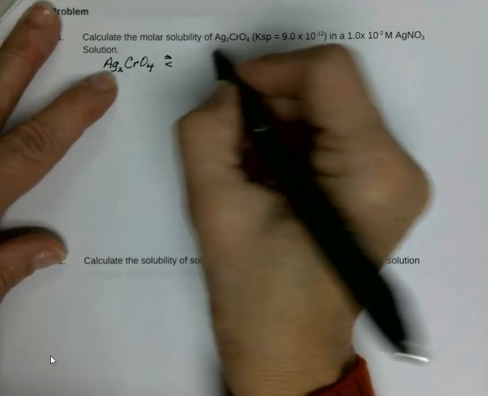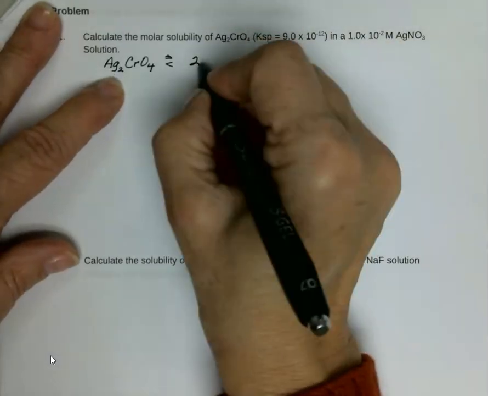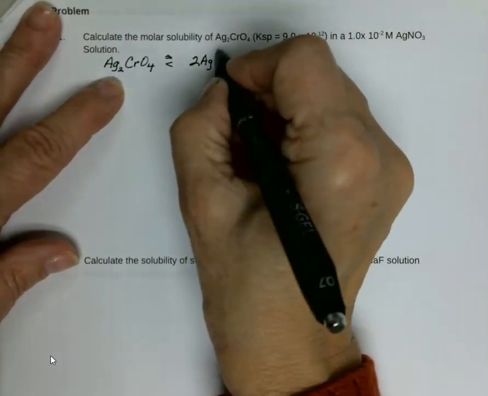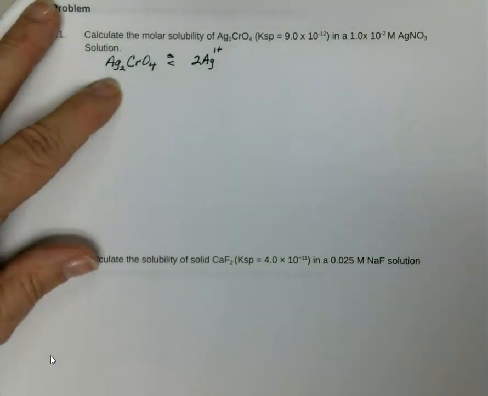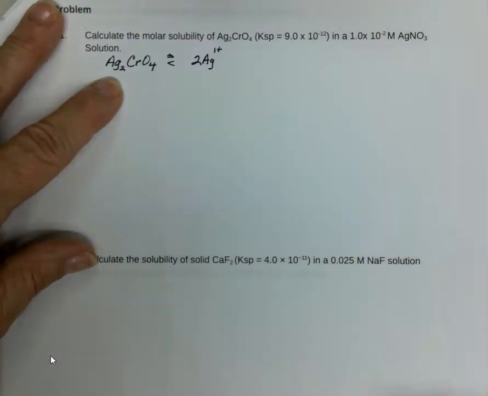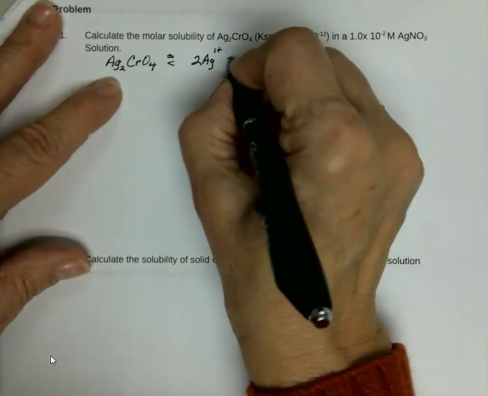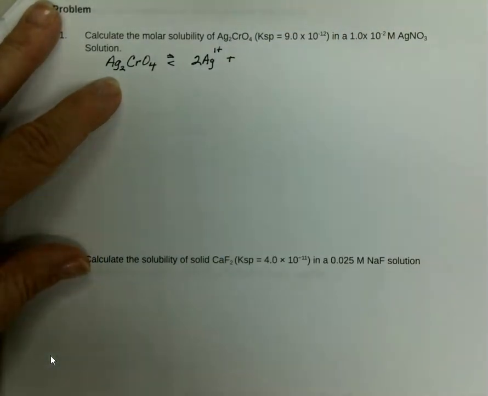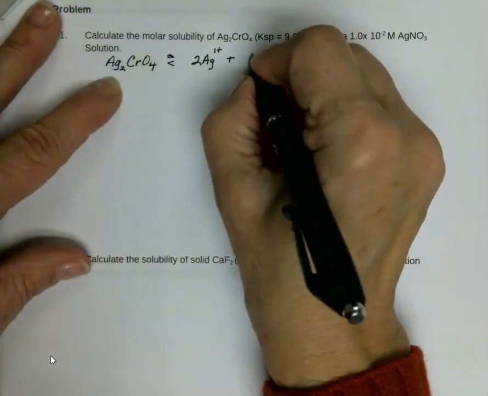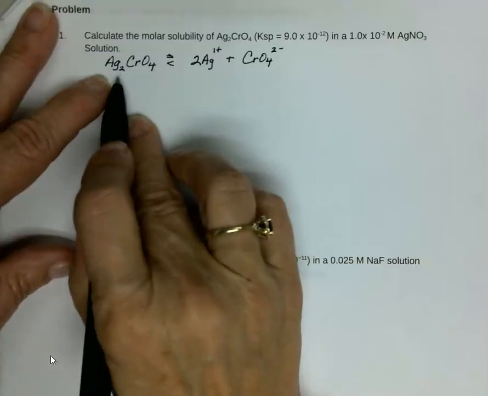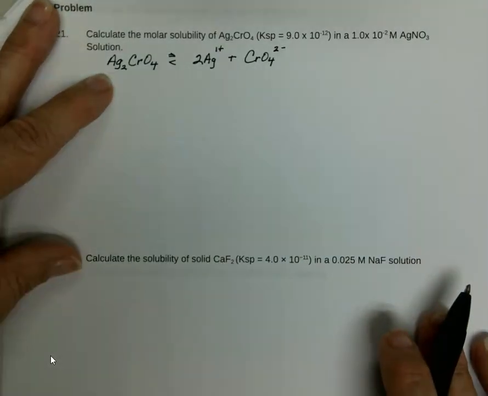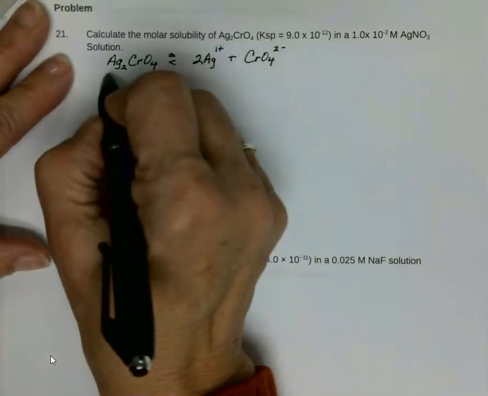Again, so now we're going to have 2 Ag, and silver is 1, right? I forgot what silver is. Yeah. And then our chromate must be a 2, because we have 1 of those and 2 of those. Okay, so there is my formula.